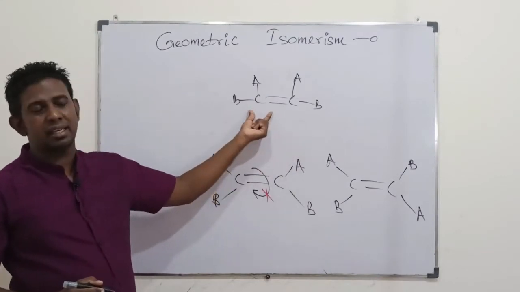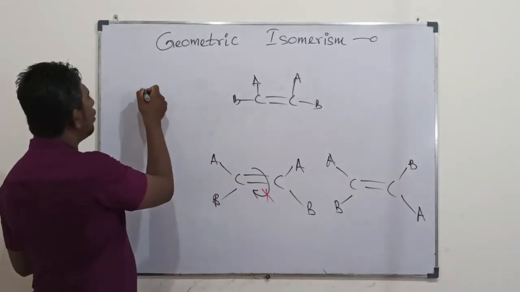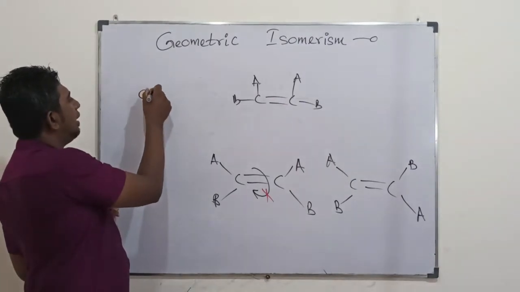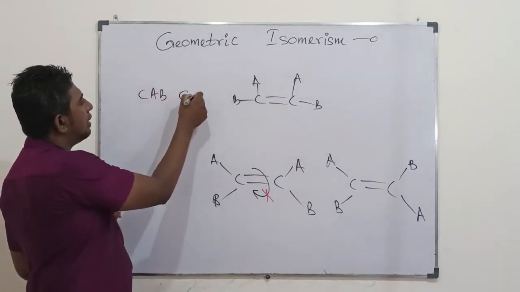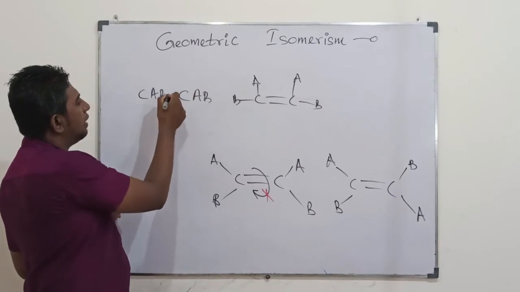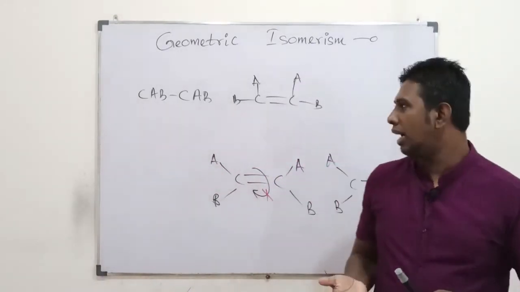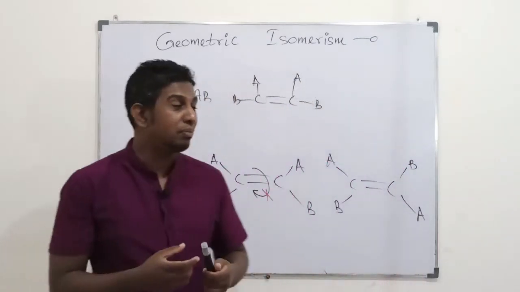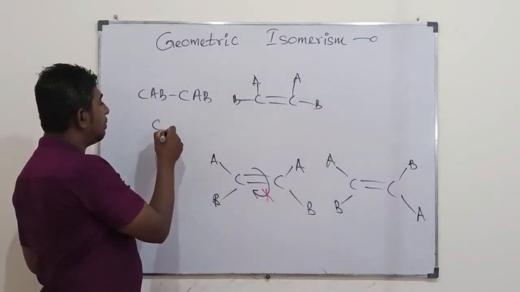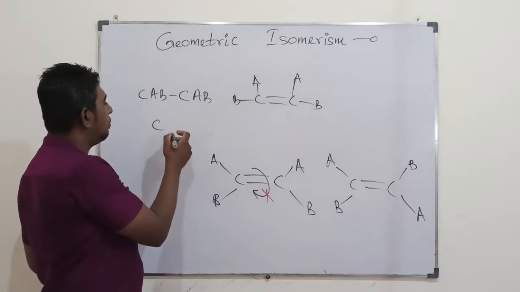For this structural formula, the molecular formula is CAB and CAB, so from C to C there is a bond. We denote the molecular formula with the number of carbons, so this is still the structural formula.